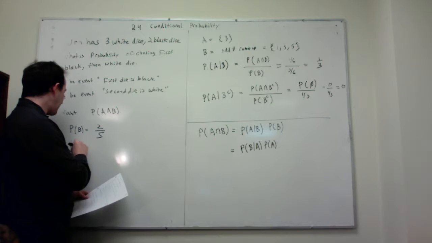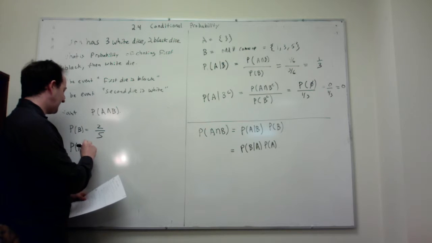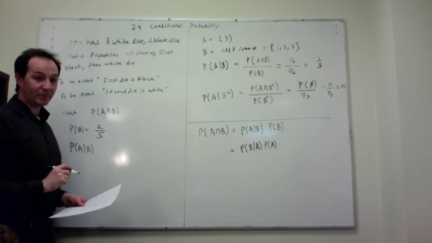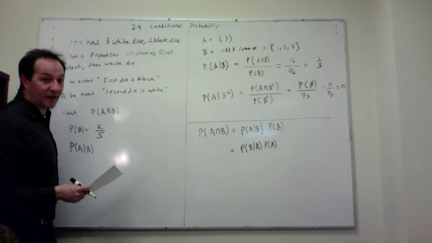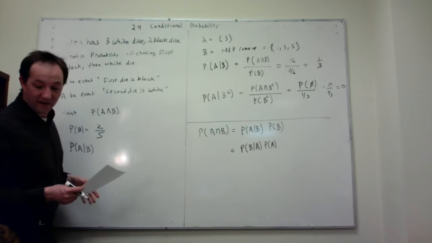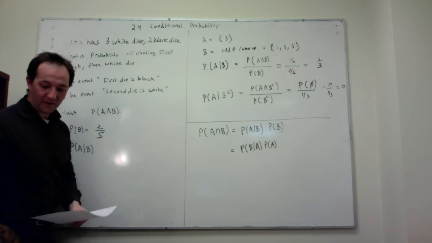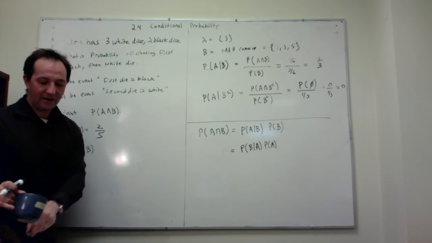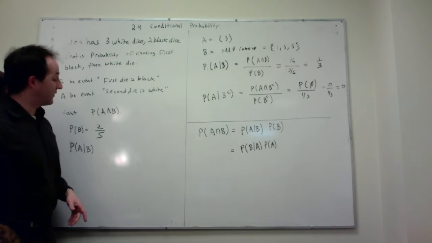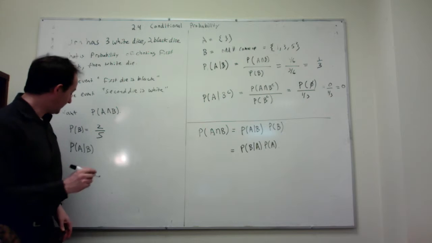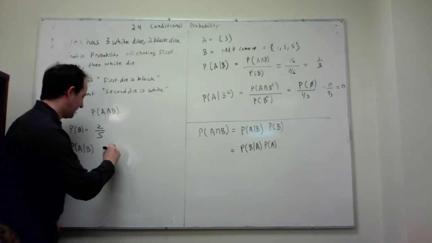P of A conditioned on B we can know, because if we've chosen the first die to be black, then there are 3 white dice and 1 black die. So the chance of choosing a white die is then 3/4.